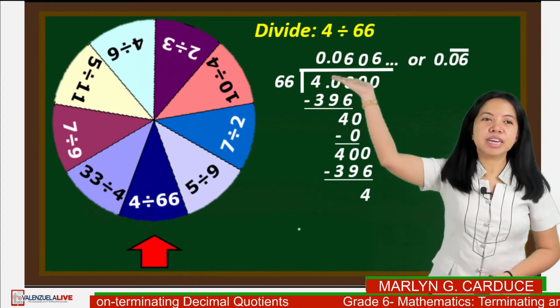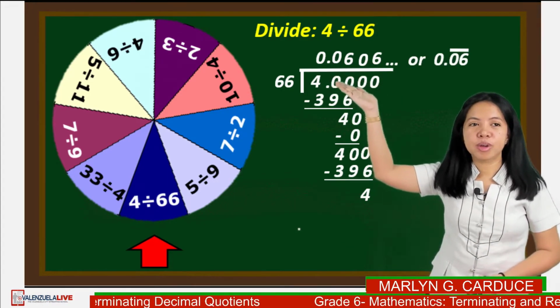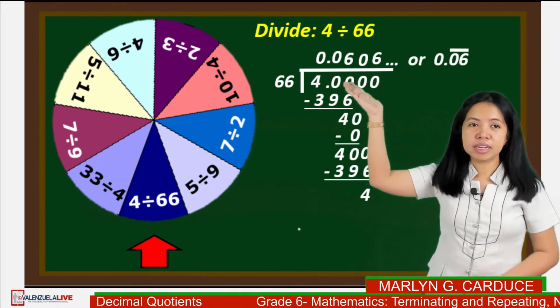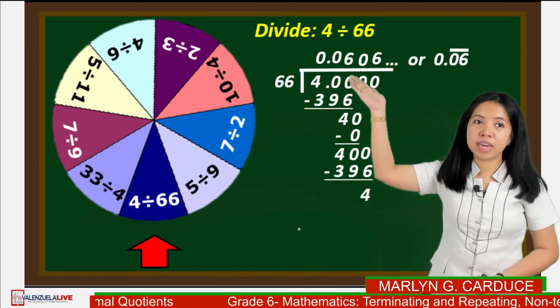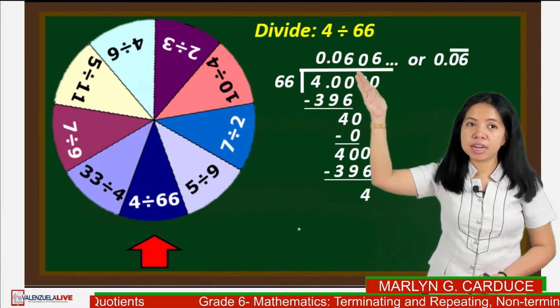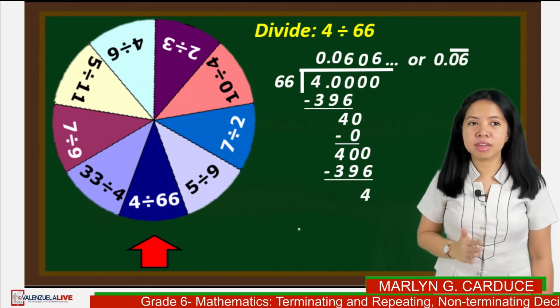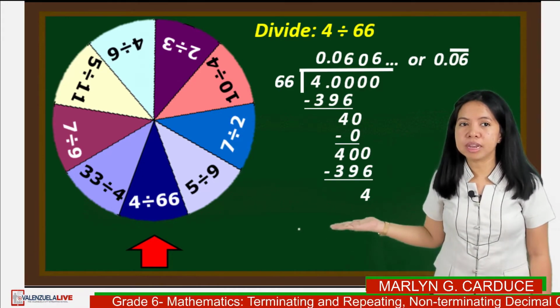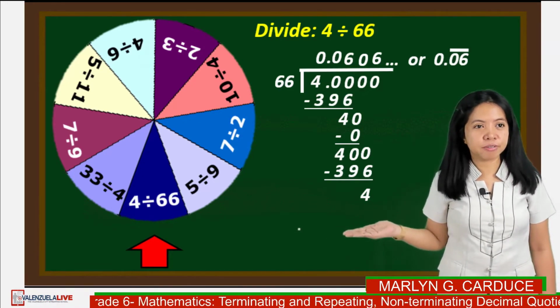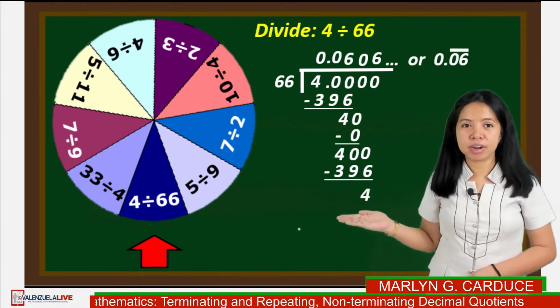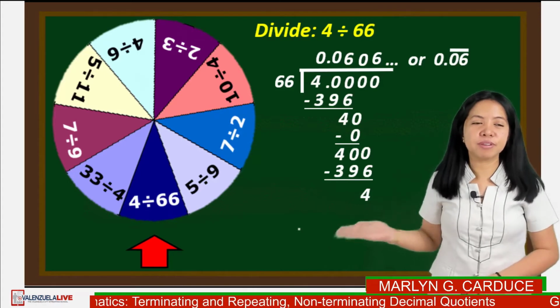Okay. So as you can see, the digits after the decimal point are 0 and 6, and then another 0 and 6. So the digits 0 and 6 are being repeated. And we still have here a remainder of 4. So what type of decimal do we have here in our fifth example?